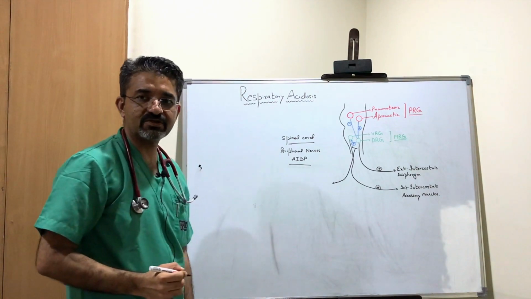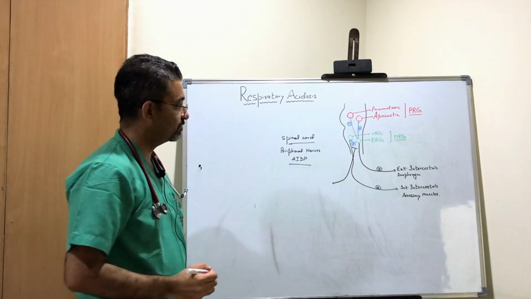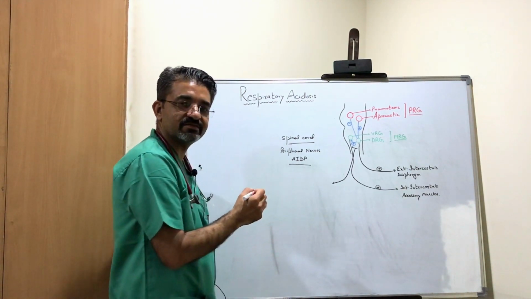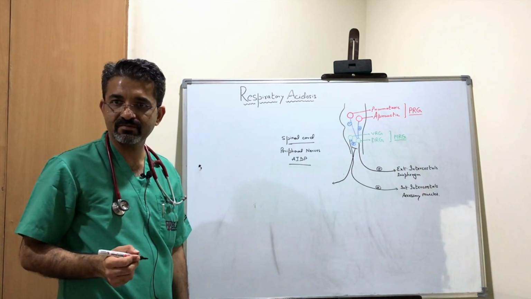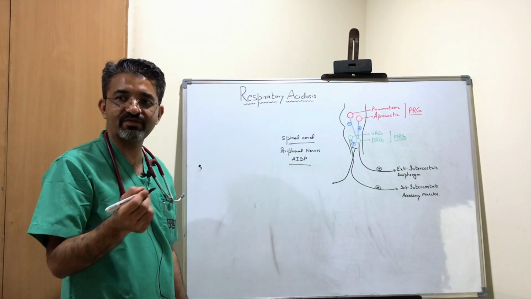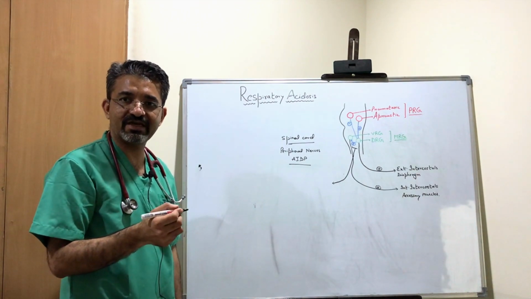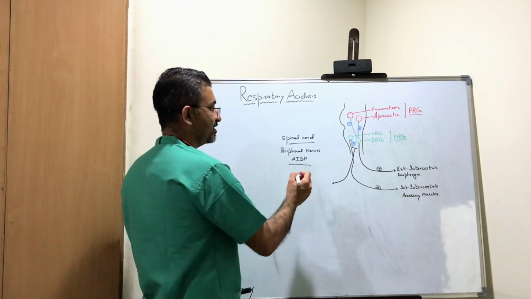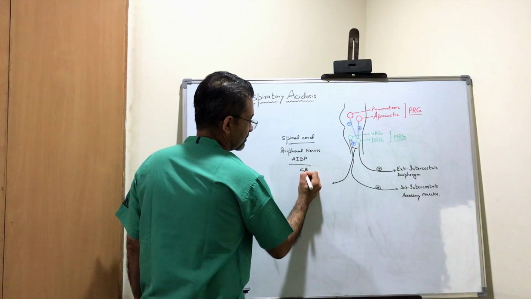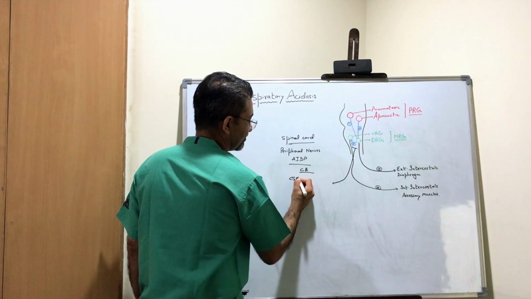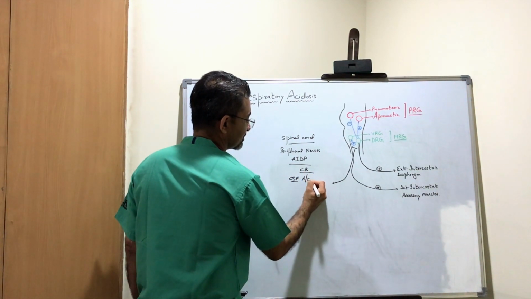Right? In AIDP or GBS, you will have ascending paralysis with areflexia, right? In neuroimaging, you don't find anything, but in NCV, you will have conduction blocks. You will have demyelination conduction blocks, and in CSF examination, you will have albuminocytological dissociation.